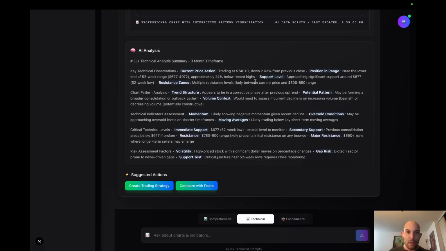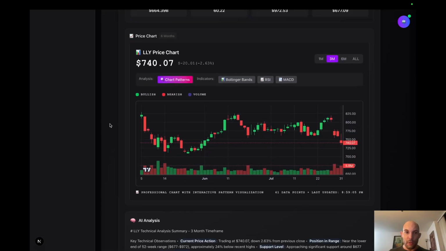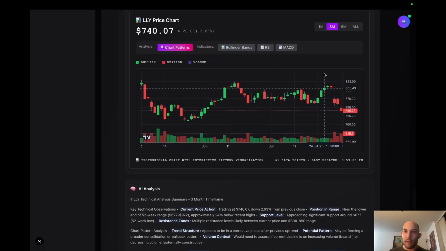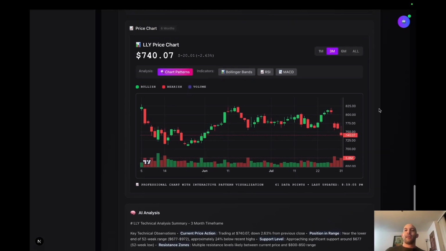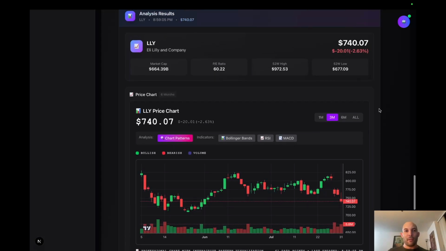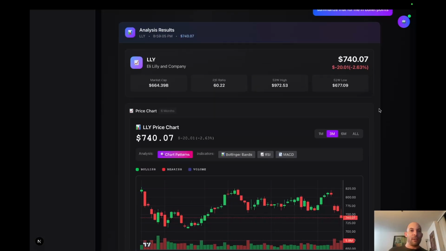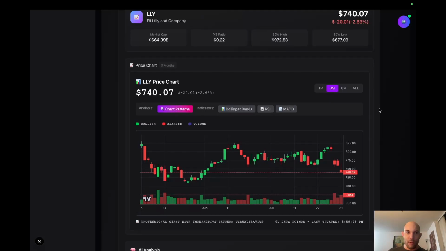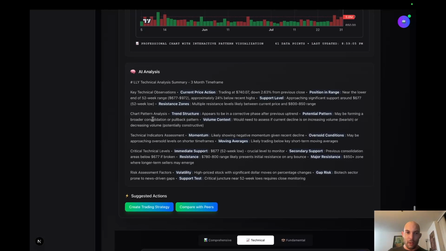Yeah, that's better. It printed out the chart again, which is fine. I actually don't mind that it does it. It's kind of a bug, but it's also kind of a feature. It's nice not to have to scroll all the way up to see this stuff again, so I don't hate it. And then we get a better structured AI analysis on the technical indicators.